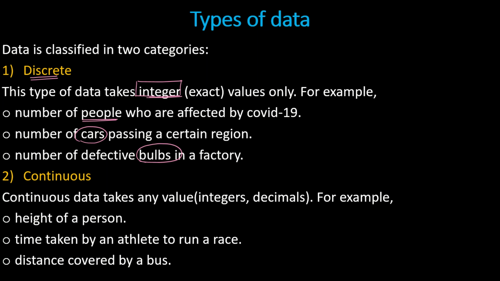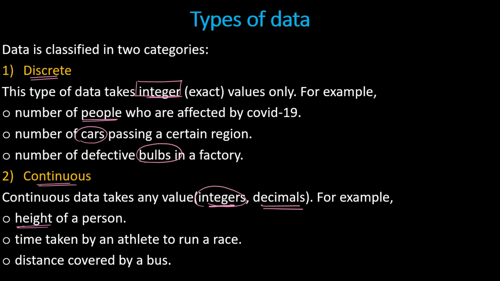Now on the other side we have continuous data. Continuous data can be integers, whole numbers, as well as decimals. Right, this is the difference between continuous and discrete. Discrete, they have to be integer values only, whole numbers, whereas continuous can be whole numbers as well as decimals. For example, the height of a person.